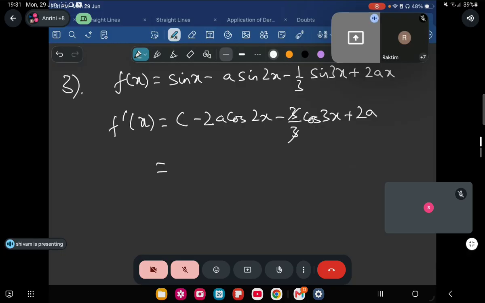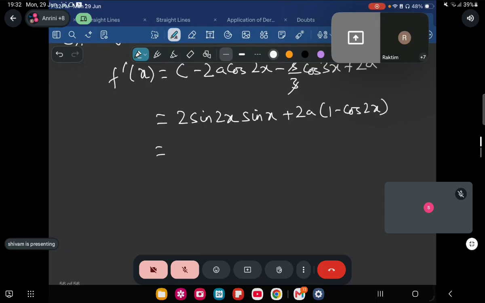Correct. So cos x minus cos 3x, we can use the C and D formula, right? Yes, sir, I did that. 2 sine of (C plus D) by 2, that is 2x, into sine of (D minus C) by 2. So sine x, and 2a common, you'll get 1 minus cos 2x, right? What is 1 minus cos 2x? 2 sine square x.